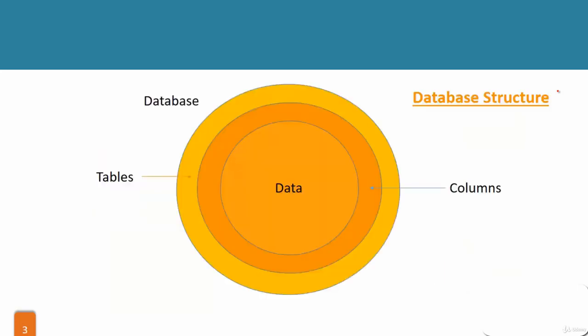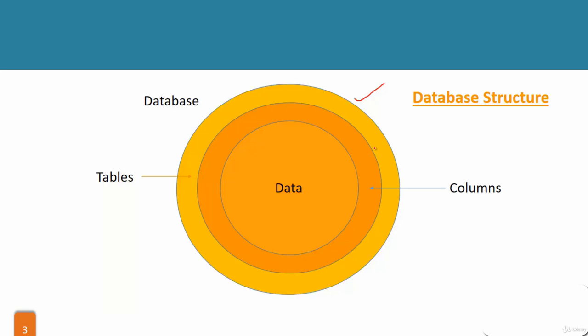Now if I talk about the database structure, we are talking about the backend, or database, but if you don't know the database structure, then you are not able to attack. So we need to understand the general structure of a database, right? You can see this is called a database, right? This complete shell is called the database. Inside the database we have tables.